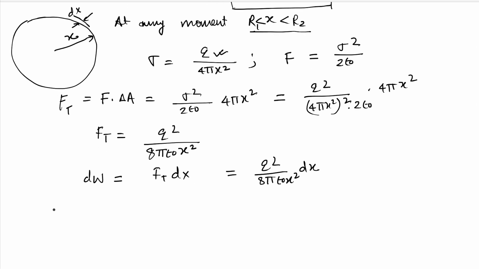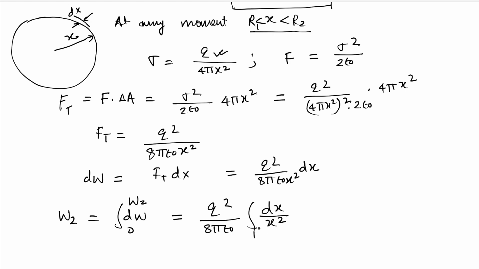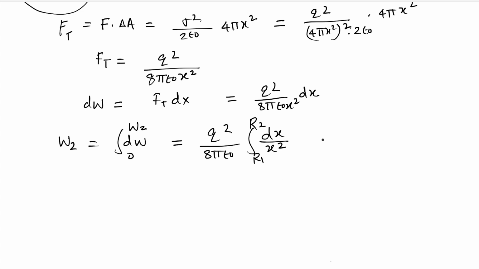And therefore the total work W2 will be just the integration of this from R1 to R2: q square by 8 pi epsilon naught, they are constant, and dx by x square from R1 to R2, right? Which is nothing but q square by 8 pi epsilon naught times 1 by R1 minus 1 by R2.